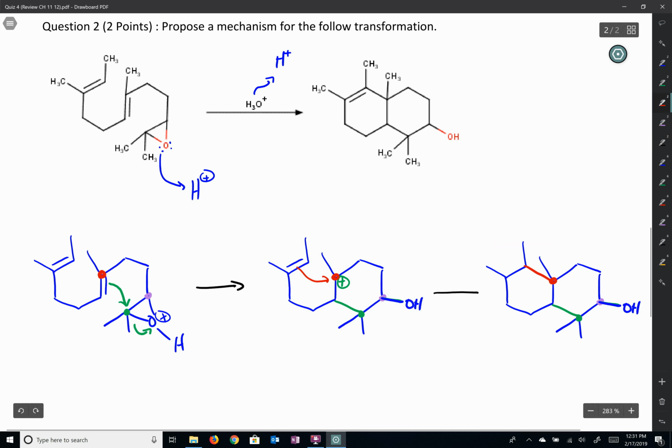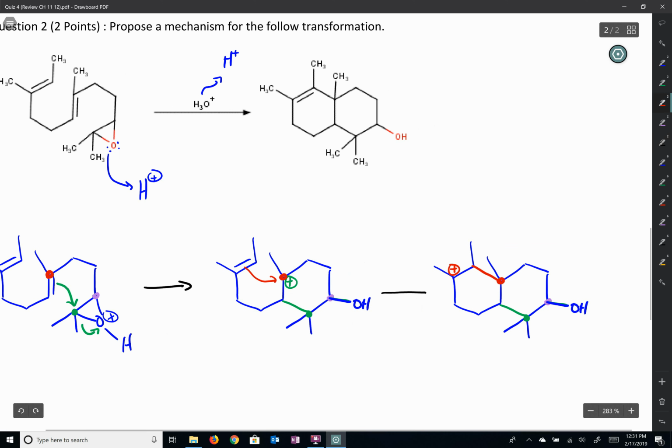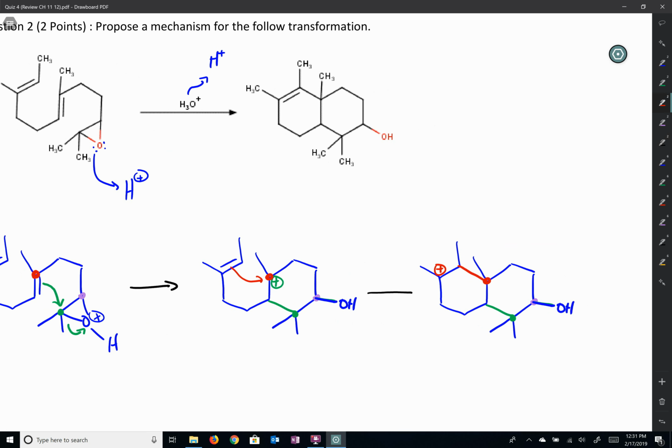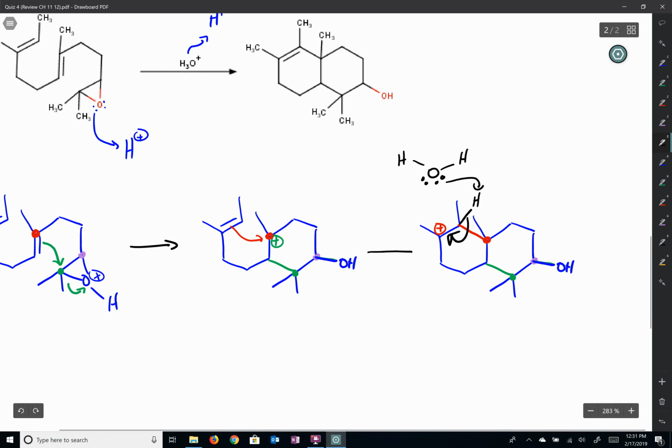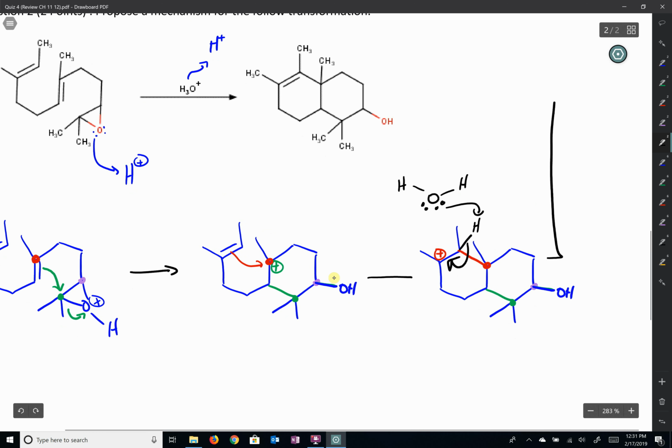There it is, okay? And now we've left our positive over here. Let's bring in some water now to make our alkene like we have at the end over there. And this will take us to our product there, okay?